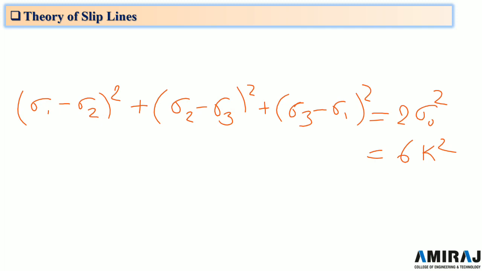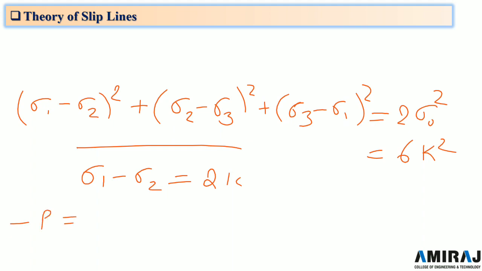And we get from this, only if we consider two stresses, sigma 1 minus sigma 2 is equal to 2 times k. And hydrostatic pressure may be written as minus p is equal to (sigma 1 plus sigma 2 plus sigma 3) divided by 3.